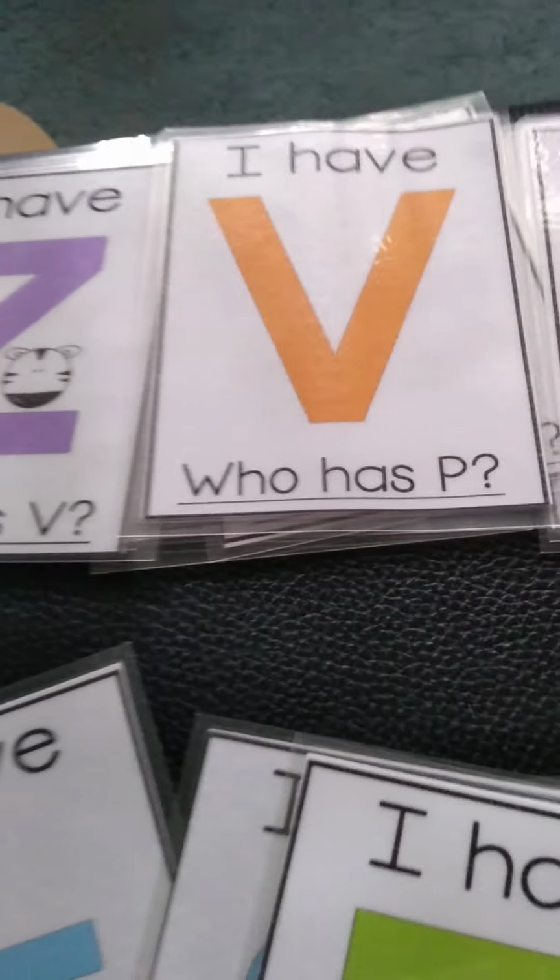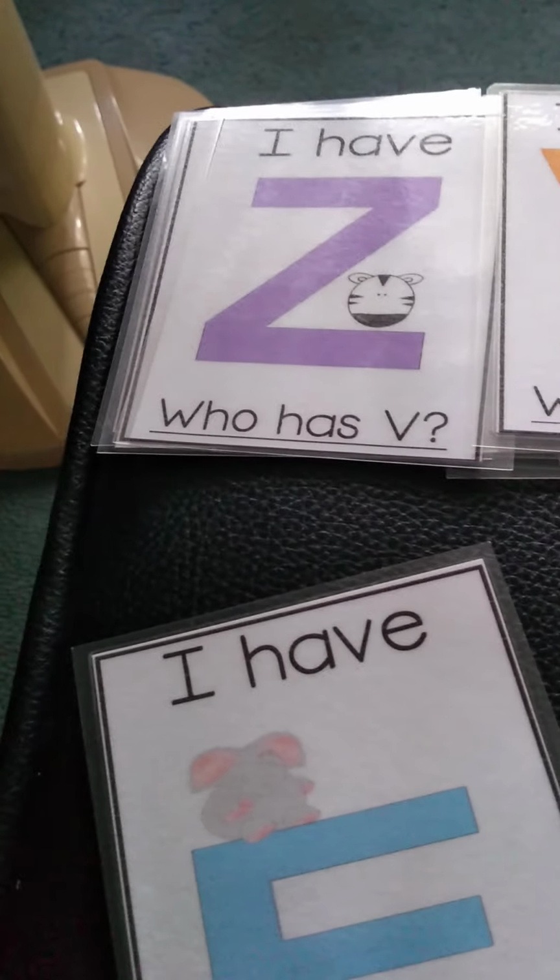I have M, who has L. I have L, who has Z. I saw it. I have Z, who has V. I have V, who has P. I know P is in here.